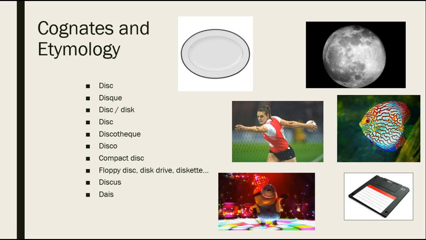And then we have disc, D-I-S-C also, which came to mean a phonographic record in 1888. Discothèque, which was coined in French and then borrowed in 1951. And so we have our fun little minion dancing at the disco. This was shortened to disco in 1964. In 1979, we get the compact disc.